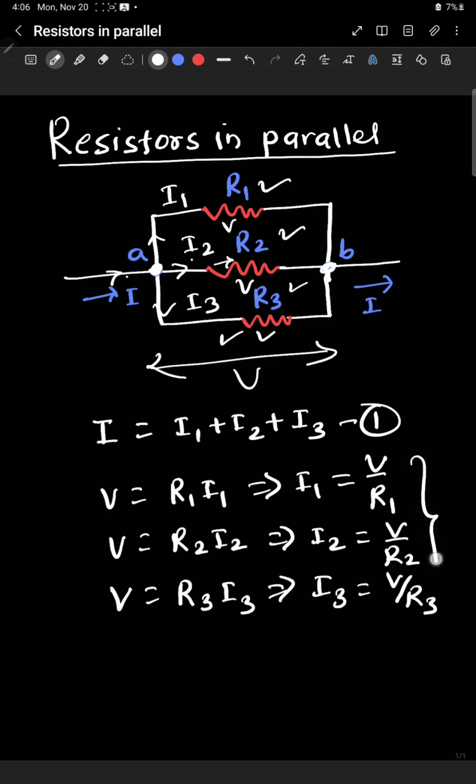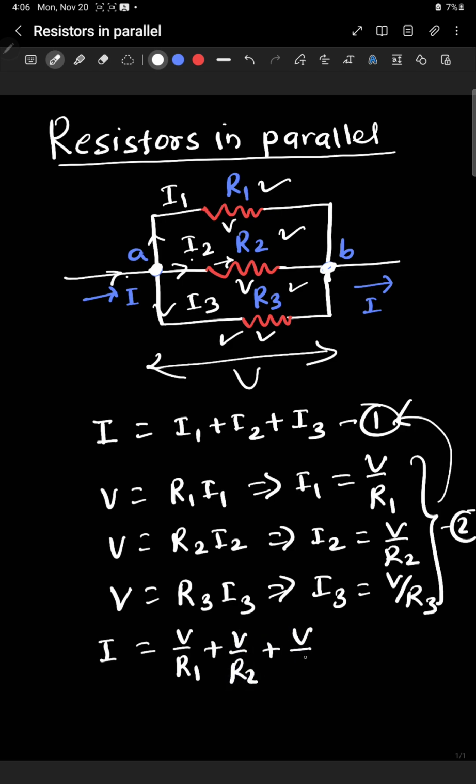Let's say this is equation 2. Putting this in the first equation, we get an interesting relationship: I is equal to V divided by R1 plus V divided by R2 plus V divided by R3.